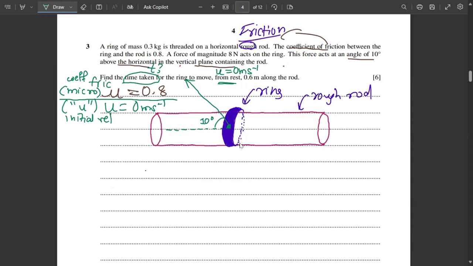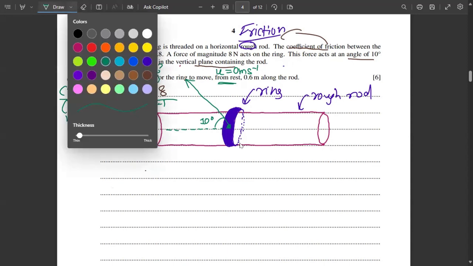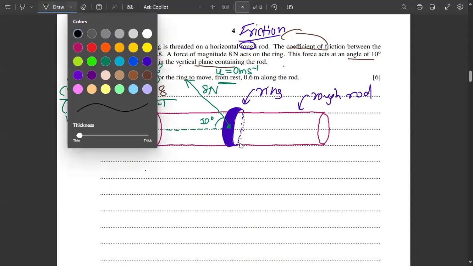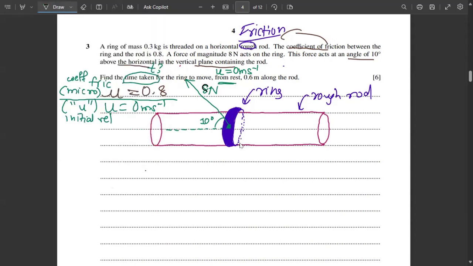Because there is a force of 8 Newton that is acting along the ring, there will be acceleration. Why am I saying this? Because force is equal to mass into acceleration. So if there is force, there will also be acceleration. Now what we need to realize is this is not the only force that is acting.